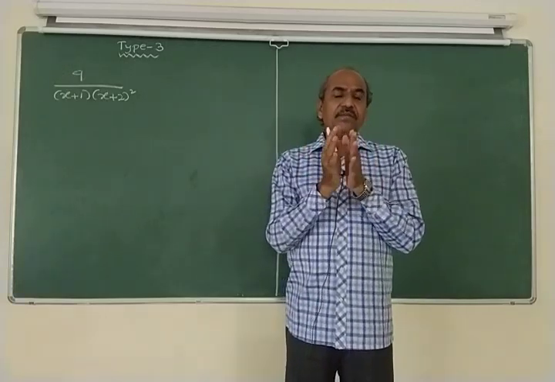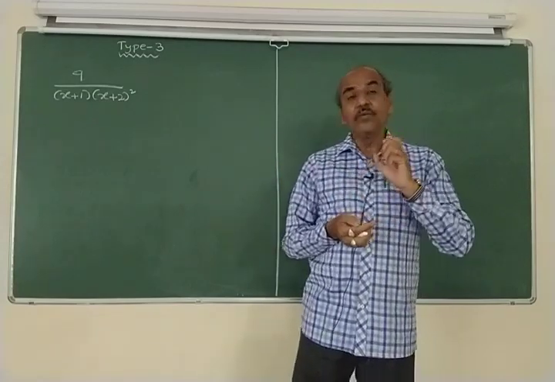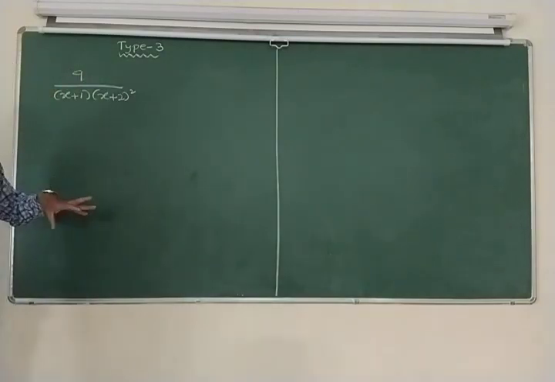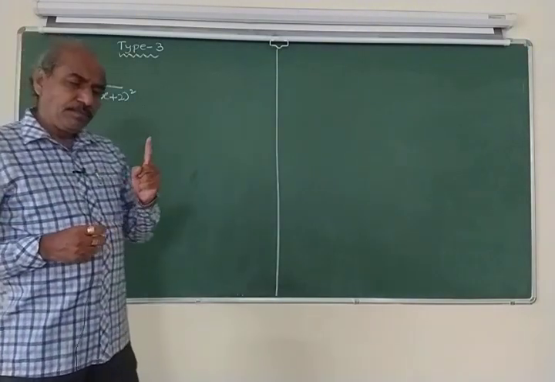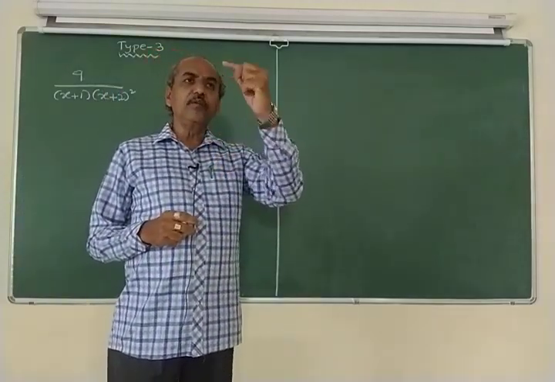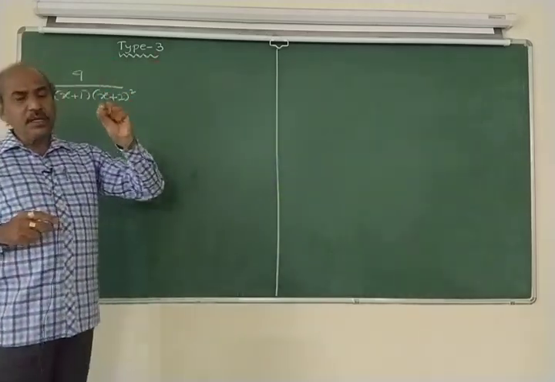the given fraction, whether it is a proper fraction or an improper fraction, you must observe. I told you what a proper fraction is. A proper fraction is one where the degree of the variable in the numerator is less than the degree of the variable in the denominator.